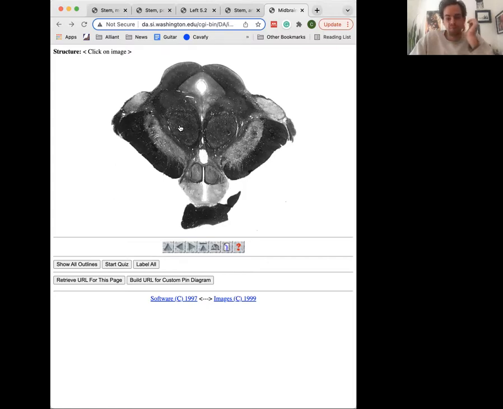We'll talk in a second a little more about the red nucleus, but then also the substantia nigra is right here in this area.